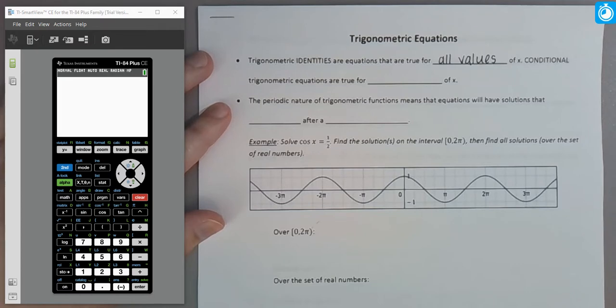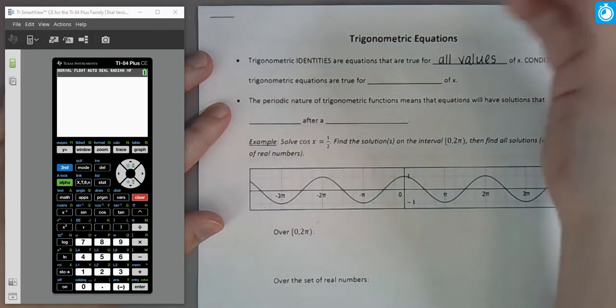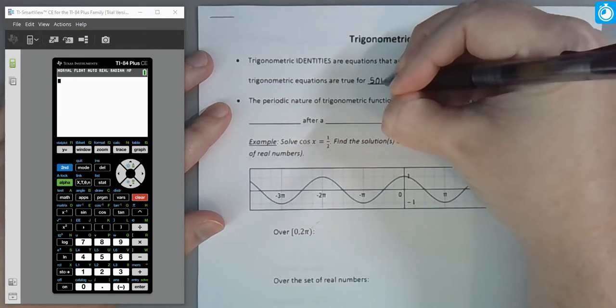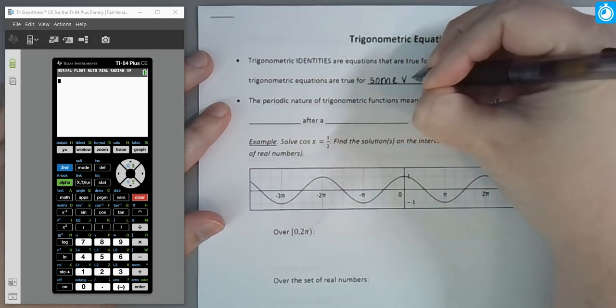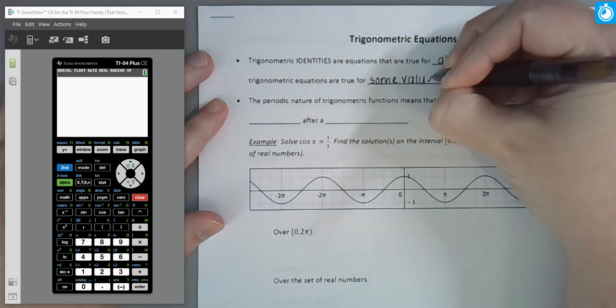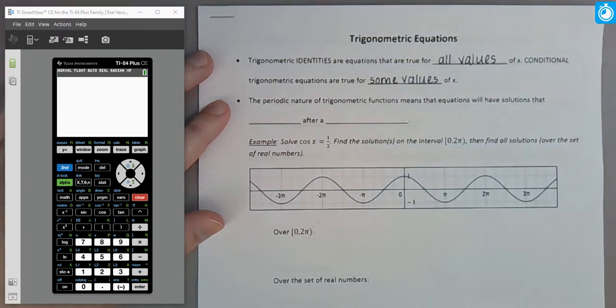So conditional trigonometric equations are true for some values of x, specifically values that meet the conditions set forth by the equation. So the solutions are not going to be all real numbers or all values within the domain of the trig functions. They're going to be whatever combination of values meet the requirements set forth by the equation.